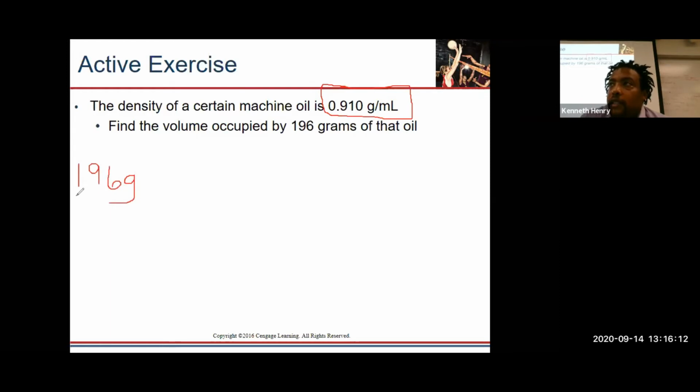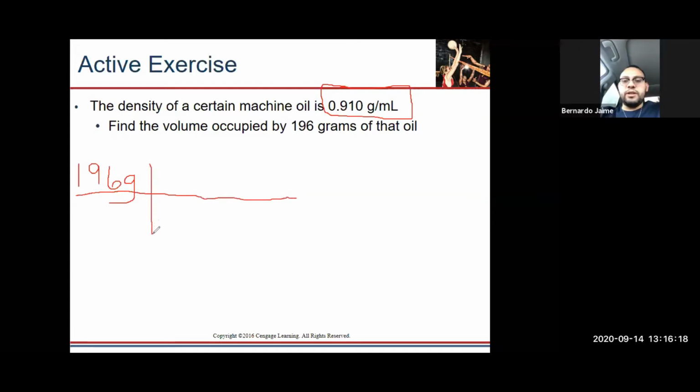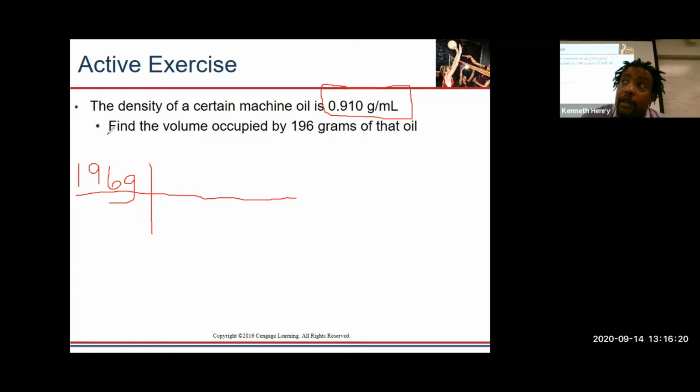Now, what do I want? What does it tell me to find? What does it say right here? Oh, it says find the volume. We want to find the volume.